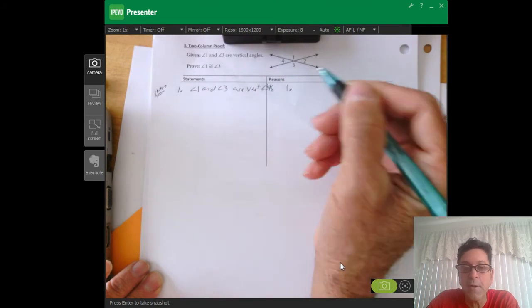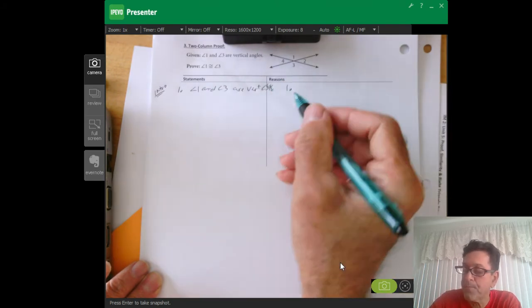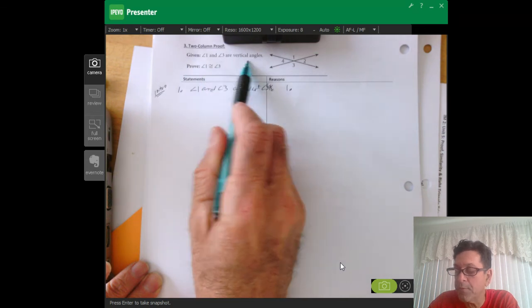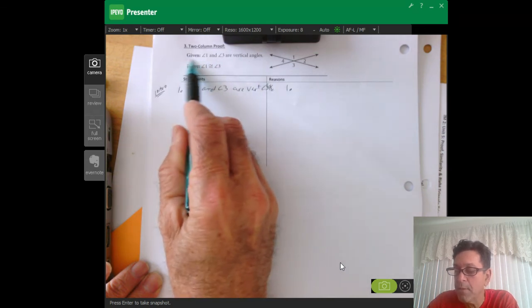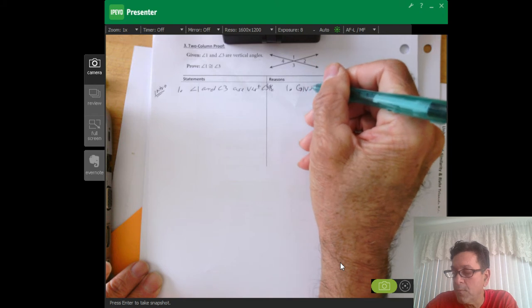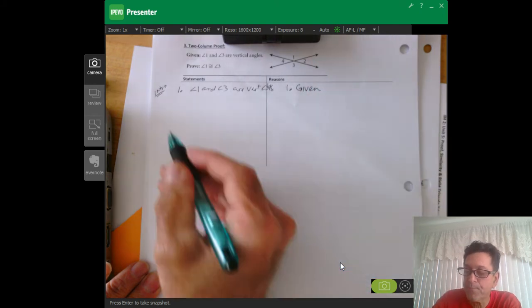So I'll move the 1 over here. So they're vertical angles. And how do we know that? Well, we know that because they tell us right here at the top, and that's going to be called given. They gave it to us. So that's our reason, given.